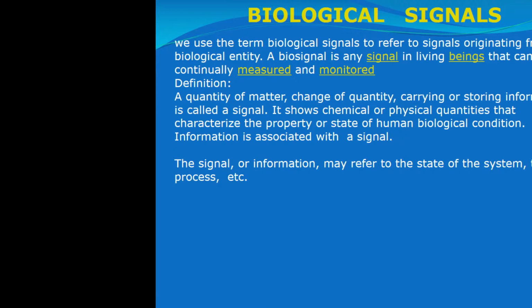Definition: a quantity of matter or change, or a quantity carrying or storing information, is called a signal. It shows chemical or physical quantities that characterize the property or state of the human biological condition. Information is associated with a signal. The signal or information may refer to the state of the system, or to some processes, and so on.